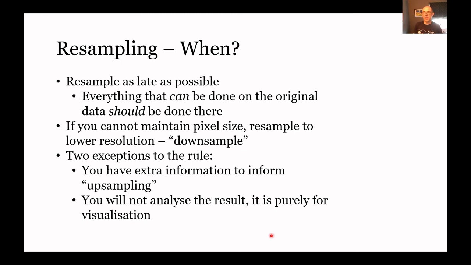Upsampling, if you have extra information. If you've got something that correlates with your data with a higher resolution, you can say these two generally follow each other, this signal and that signal. This other signal I have is a higher resolution, and I can use that extra information to help resample my other data. Then that's possible, depending on how well it co-varies.